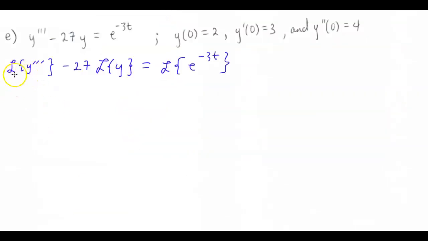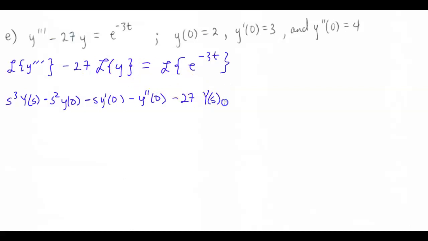We see that this first term is actually going to be s cubed big Y of s minus s squared y of 0 minus s y prime of 0 minus y double prime of 0. Then we say minus 27, and then this is just going to be big Y of s.